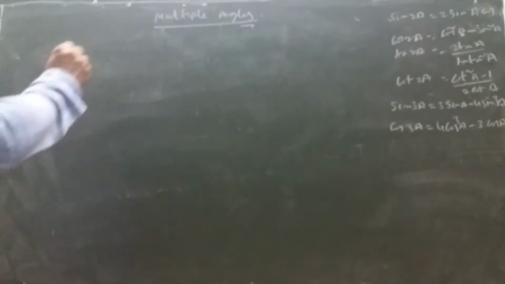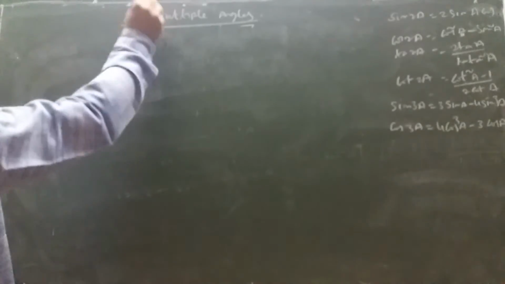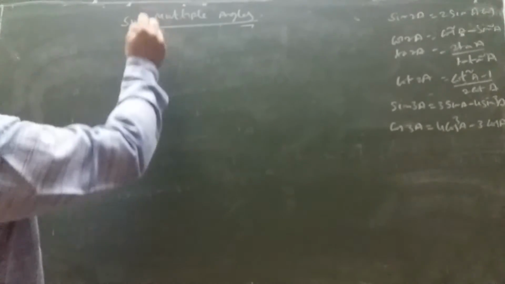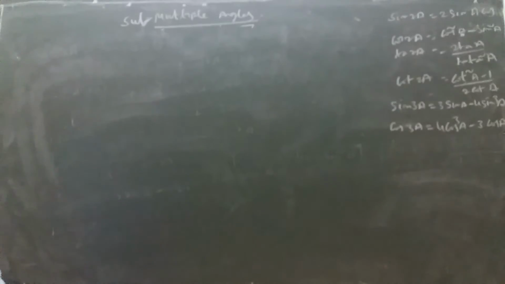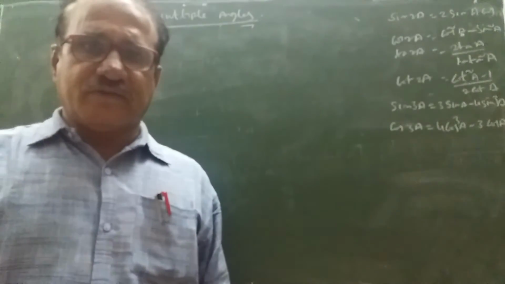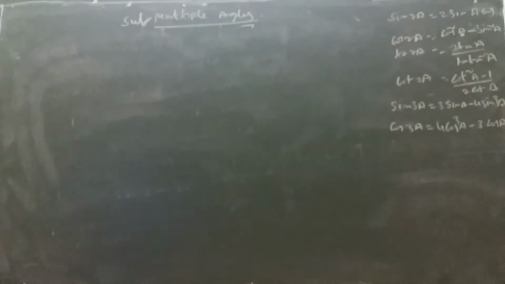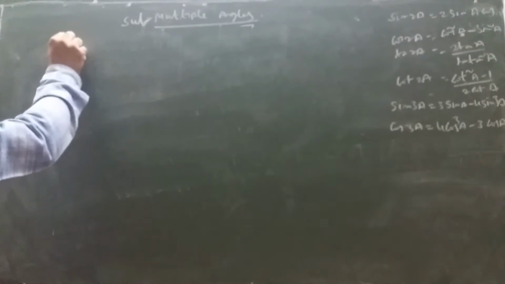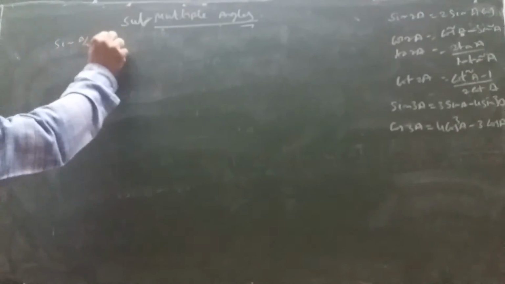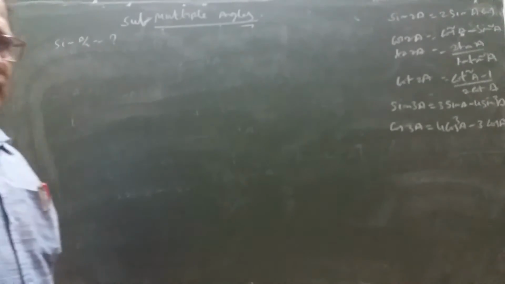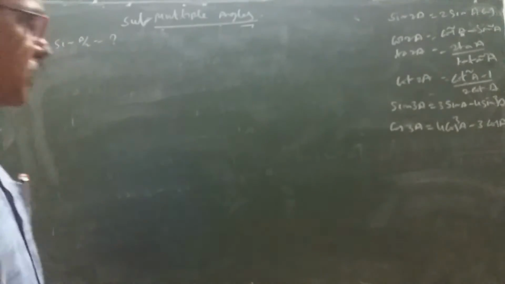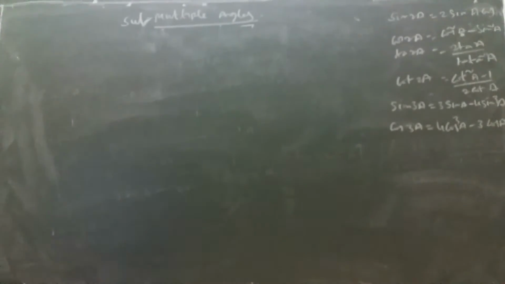Now we will go to submultiple angles, that means A by 2, A by 3, A by 4 and so on. We will go to only A by 2. Now we will go to sin A by 2 and cos A by 2.